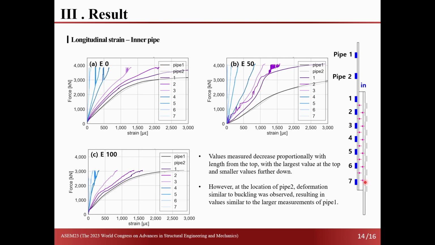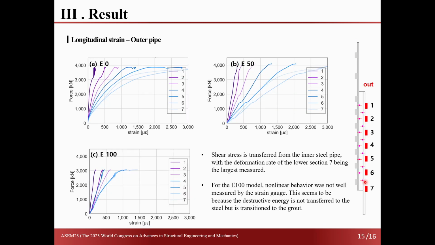However, at the location of pipe 2, deformation similar to buckling was observed, resulting in values similar to the larger measurement of pipe 1. Shear stress is transferred from the inner steel pipe, with the deformation rate of the lower section 7 being the largest measured.